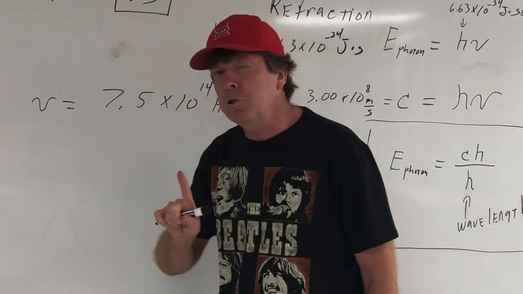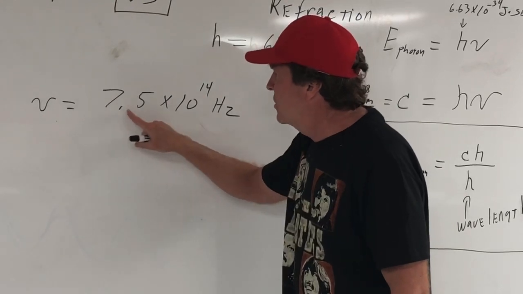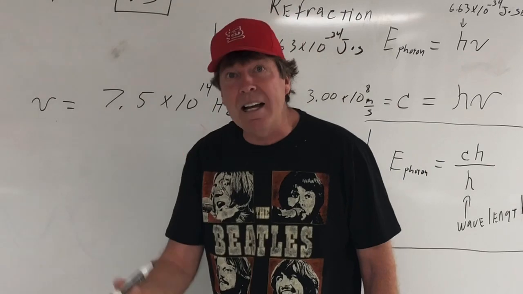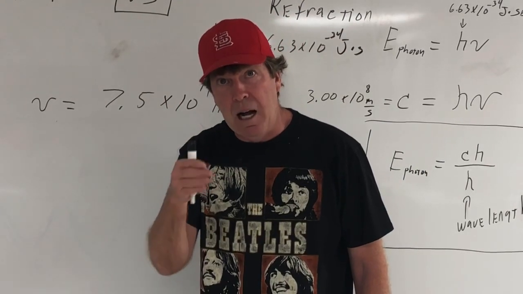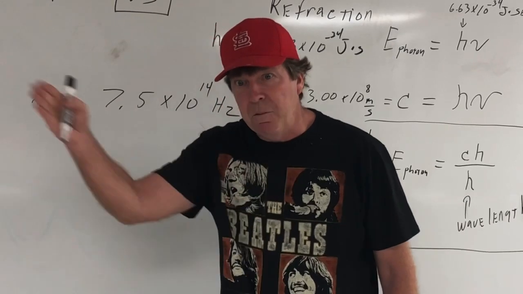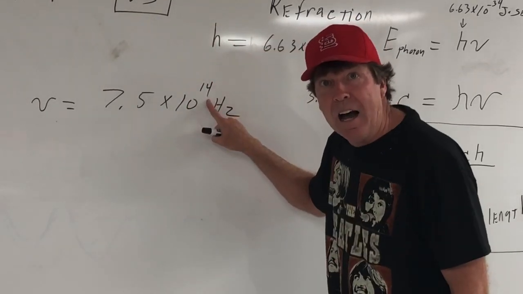This photon is traveling ultra fast, and we're going at 7.5 times 10 to the 14th cycles per second. So picture a given point and picture wavelengths passing that given point at that high value.